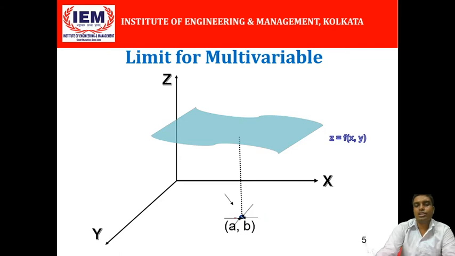Also, I can reach this point another way, by using a different curve. So I can approach this point by various paths, not only two paths as in the single variable case. I can approach by infinite paths, and if the limits along all these paths are equal, then I can say that the limit exists at this point (a, b). That is the geometrical way to say it.